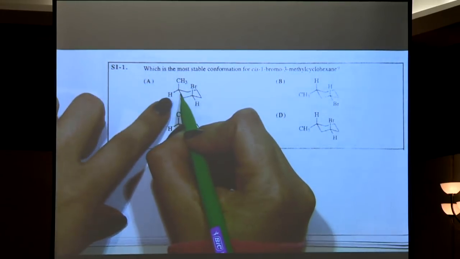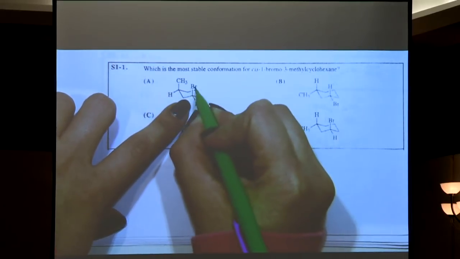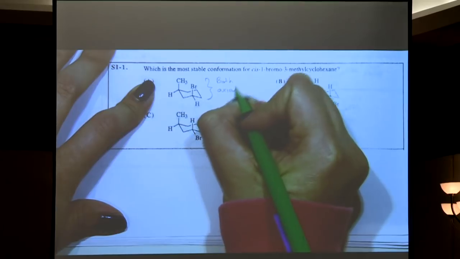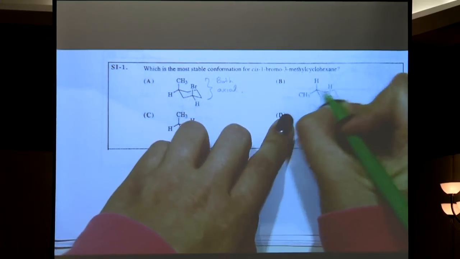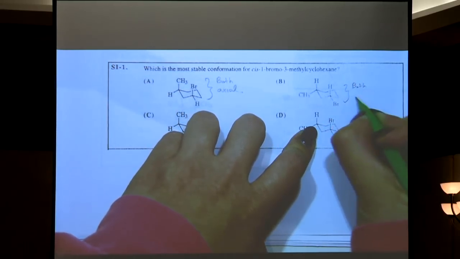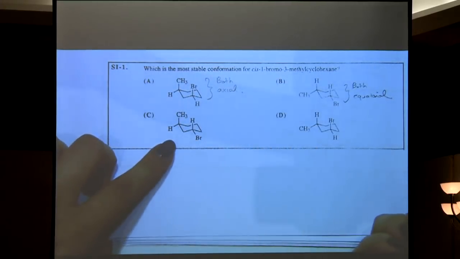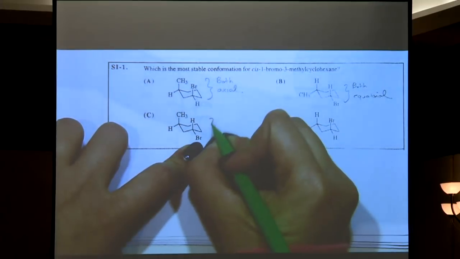This one has an up carbon, axial, and then this one's an up carbon axial, so they're both axial. For B, we have an up carbon going down, so that's equatorial. Up carbon going down, equatorial. Both equatorial. For this one, up, down, just one of them is equatorial.